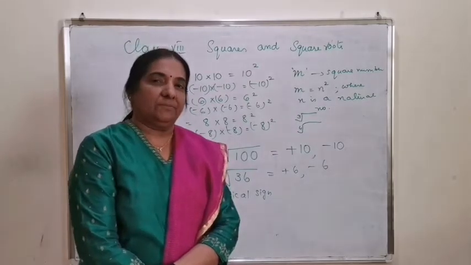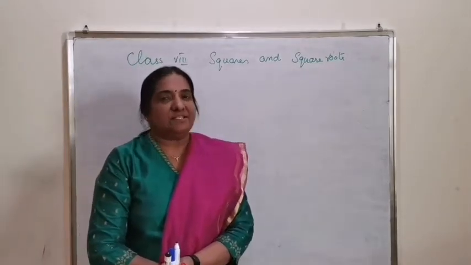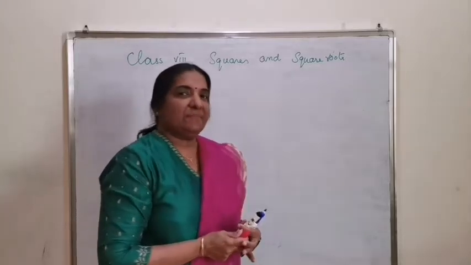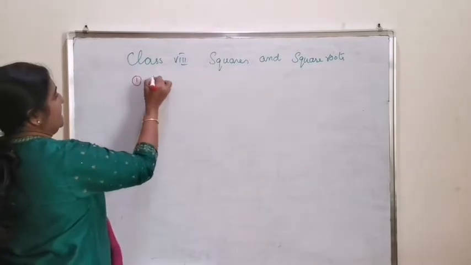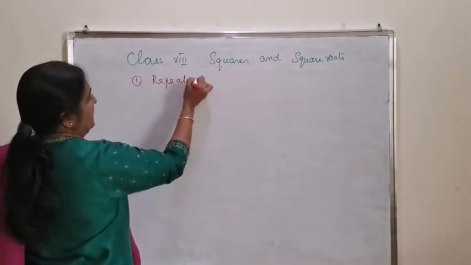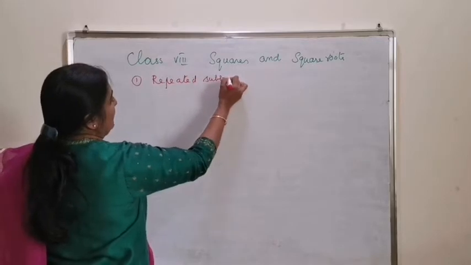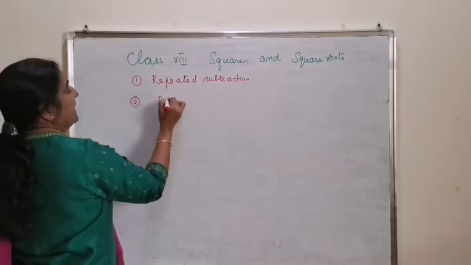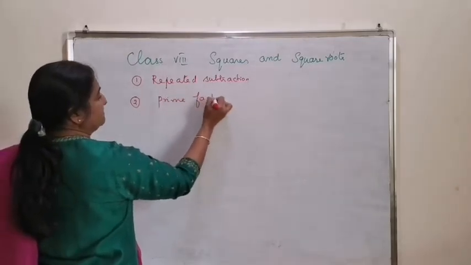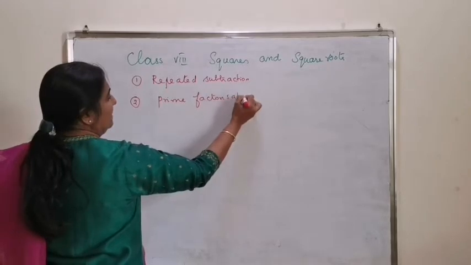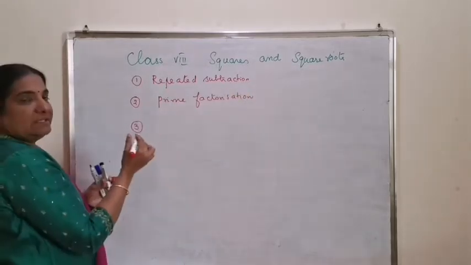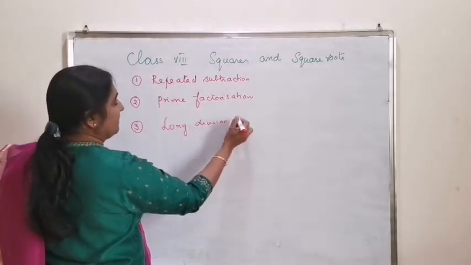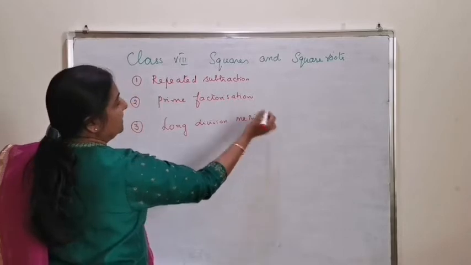There are three different methods of finding the square root for a perfect square number. The first method is by repeated subtraction. The second method is by prime factorization, and the third method is by the long division method.